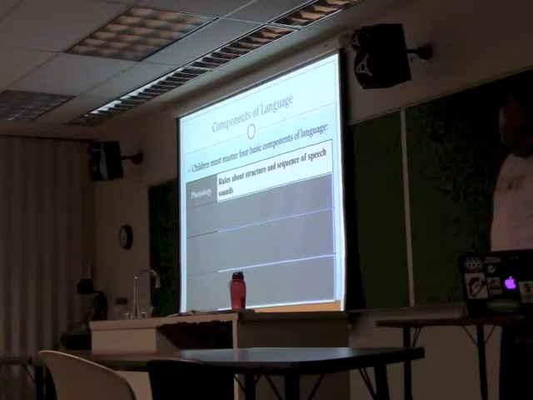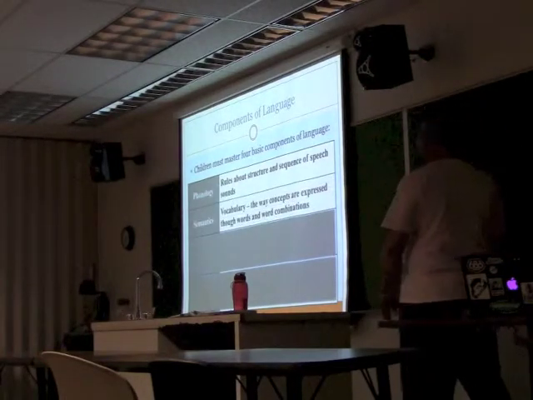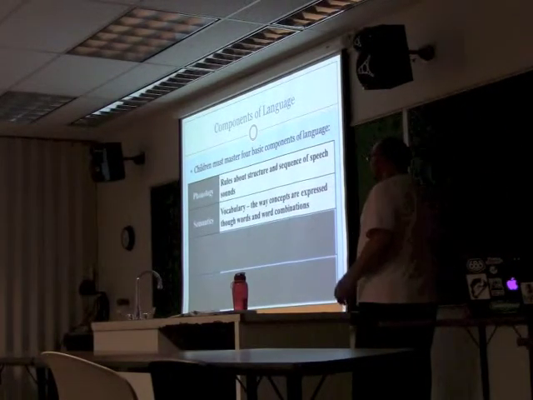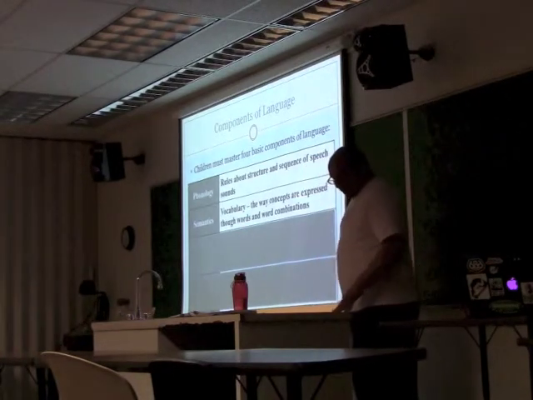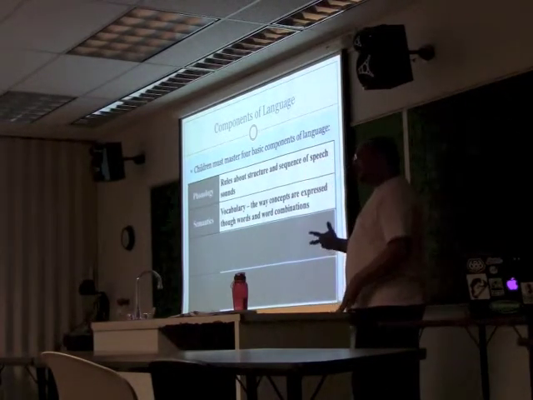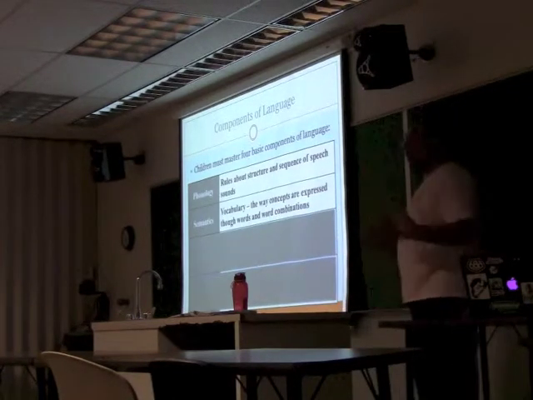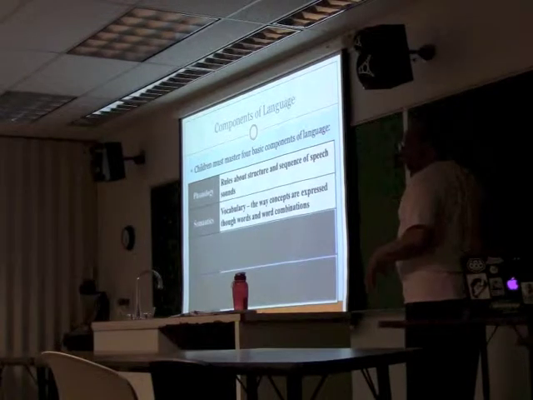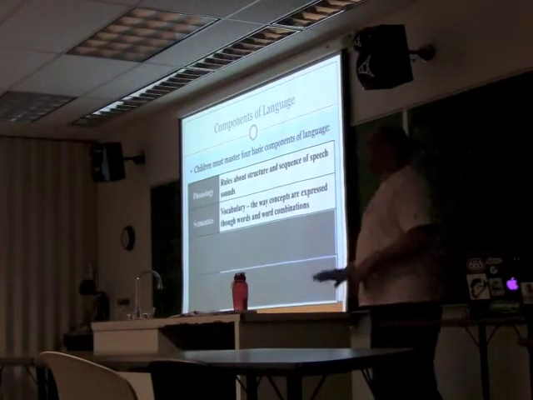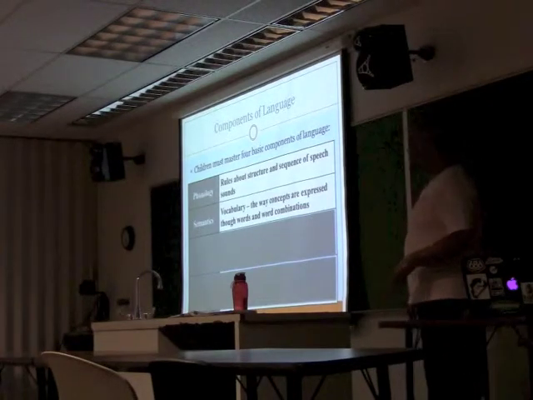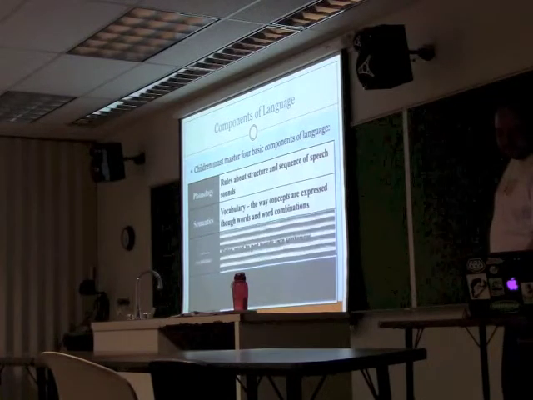All right, so the next one is semantics. Semantics is the vocabulary, the way concepts are expressed through words and word combinations. That's like saying, when I say chalkboard, you know that this is the chalkboard, that the desk is not the chalkboard. And the next one is syntax.